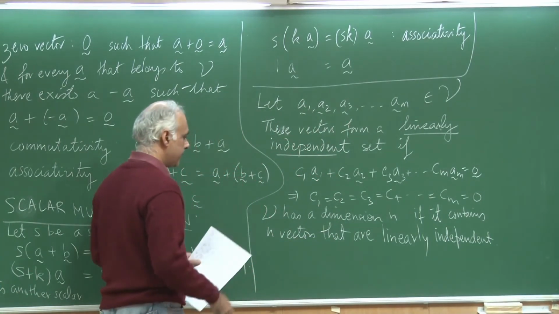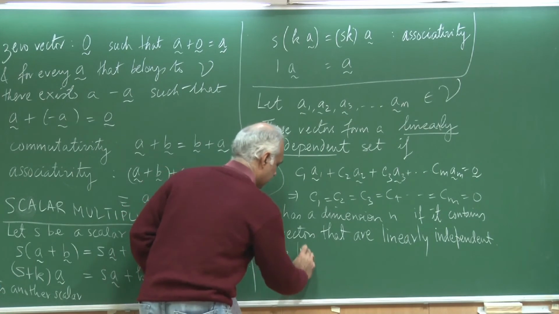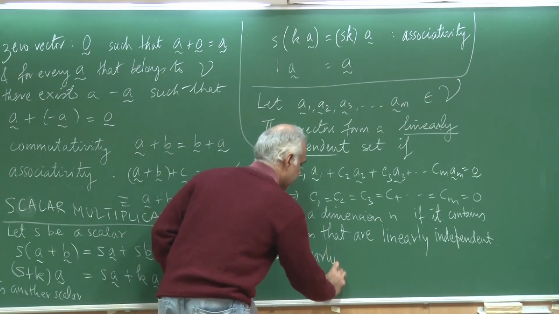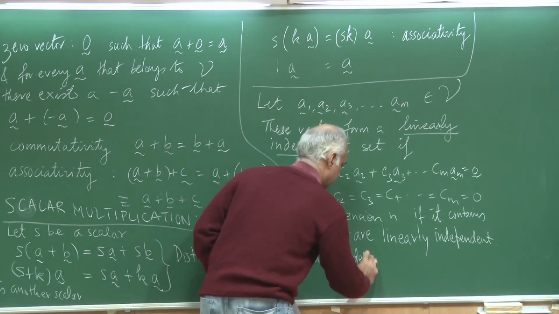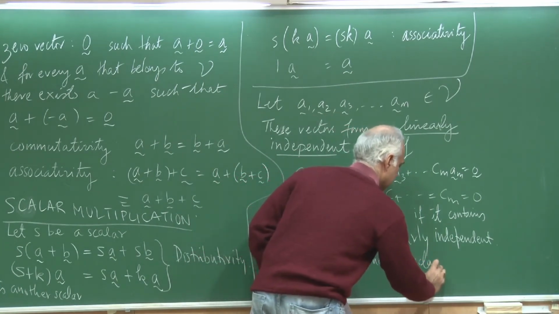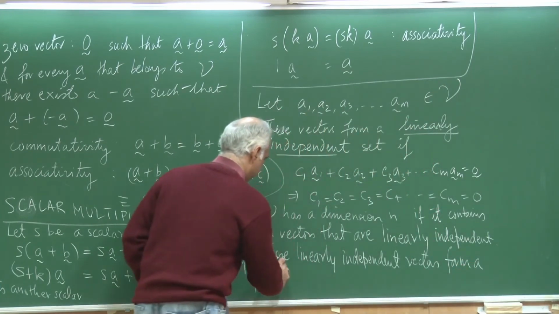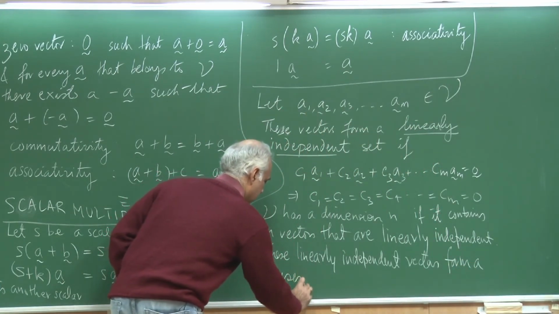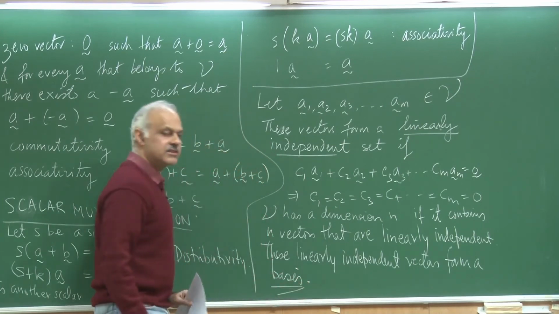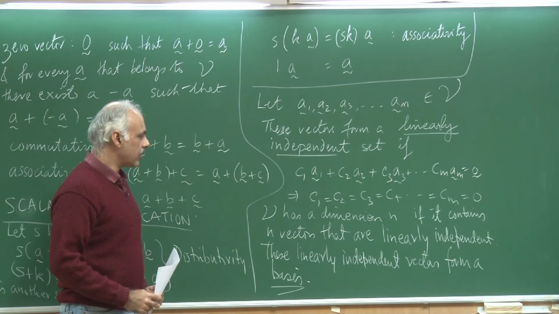Okay. And these linearly independent vectors form a basis. So you must have heard of this term earlier as well. So we are going to formally put it down now.